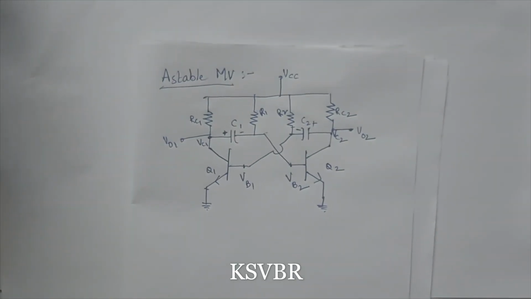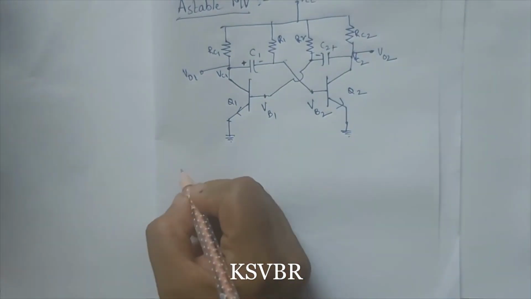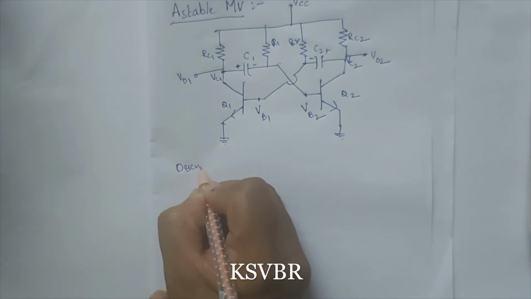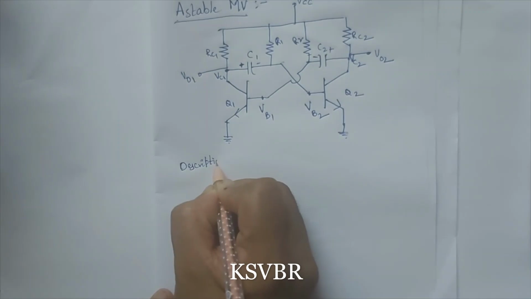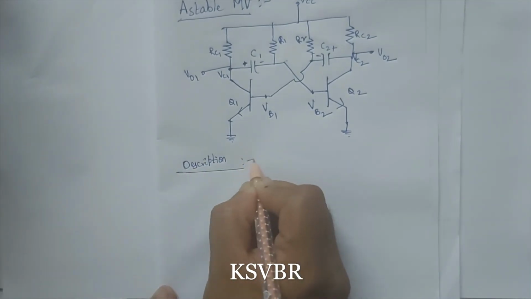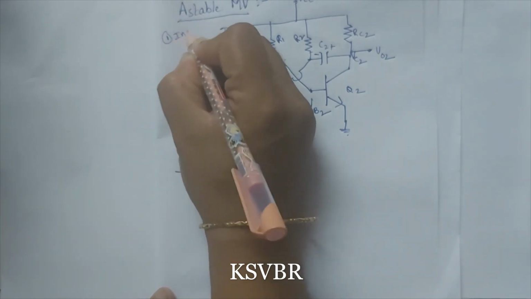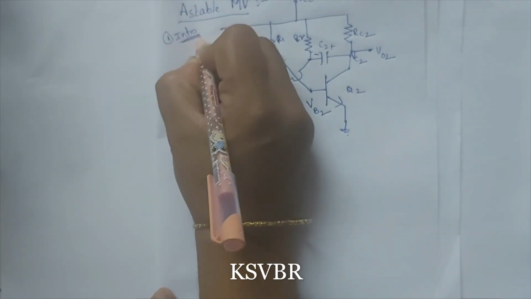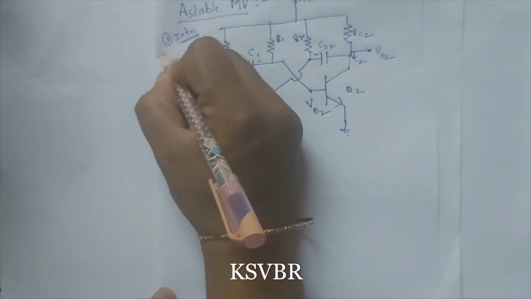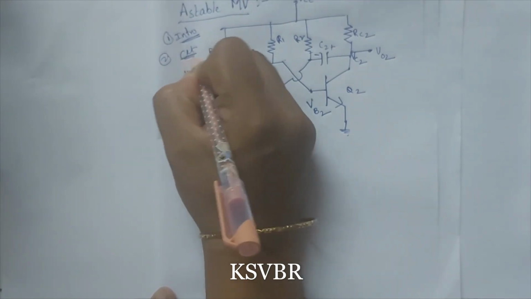So now let us move to the circuit description. First we have seen a couple of points as an introduction to the astable multivibrator, and the second point is our circuit diagram.